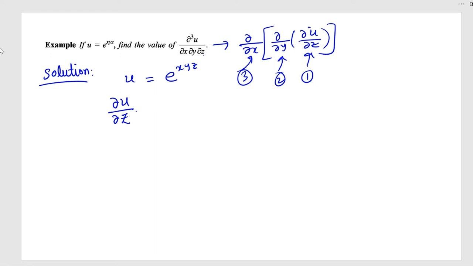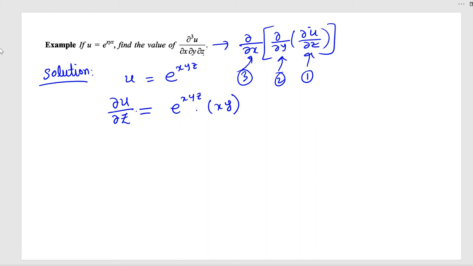So for 1 we have to find out del u by del z. For this, what we will have: e power xyz into, because we are differentiating with respect to z, the constant term x into y will be there.